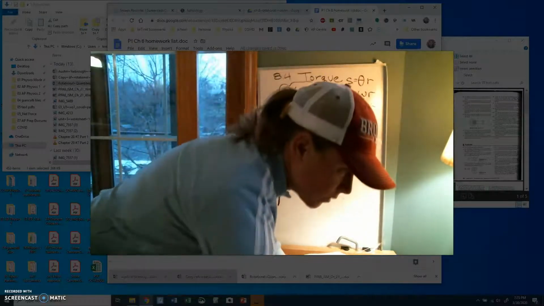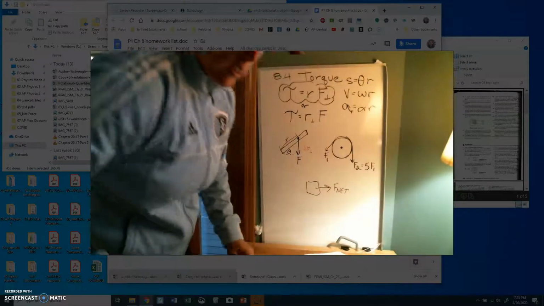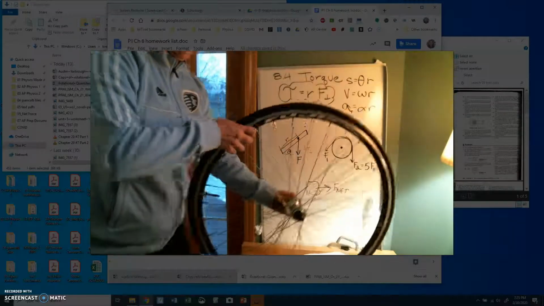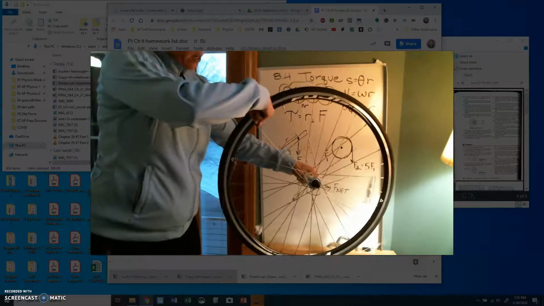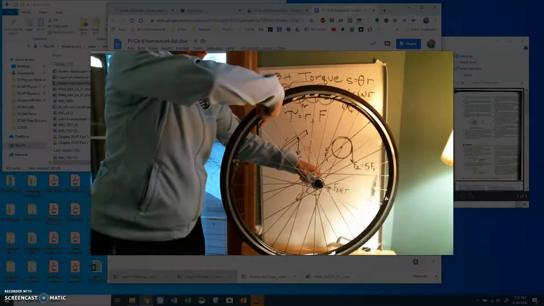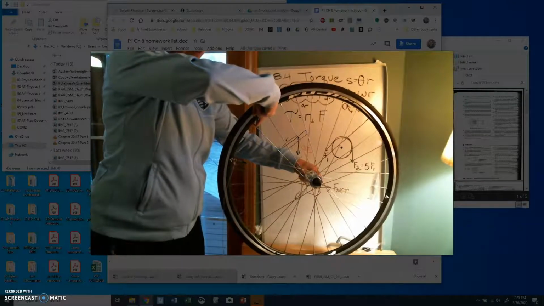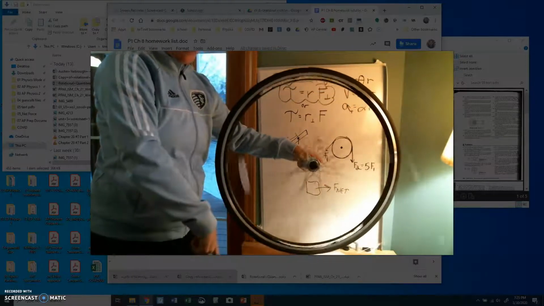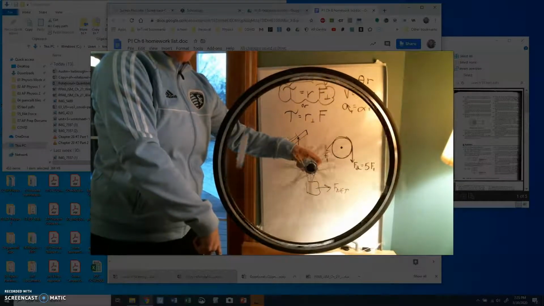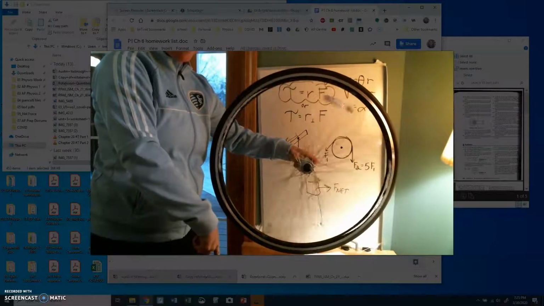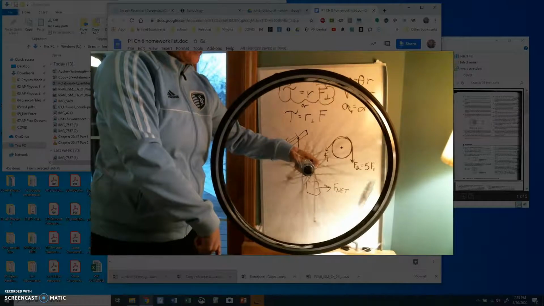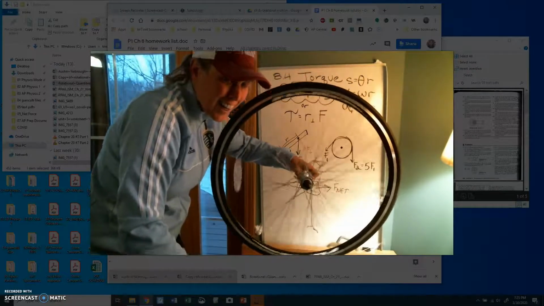So now, what if I had a wheel? This is a little bit harder. And I apply a force perpendicular to a radius. What do I get? I get an angular acceleration, okay? Are you kind of getting that?